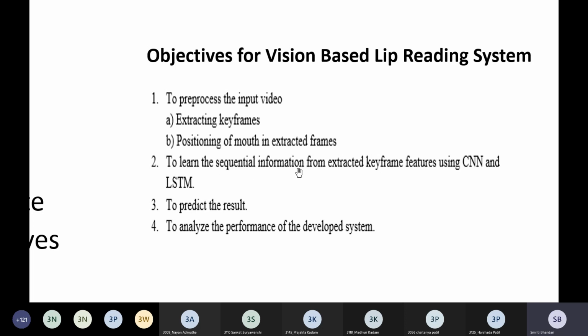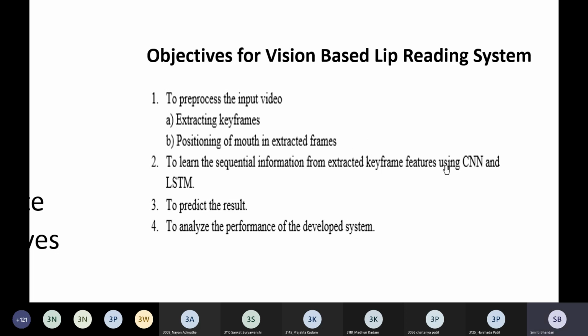And that is why the second bullet states that to learn the sequential information from extracted keyframe features using CNN and LSTM. Once the required frames are pre-processed, we need to learn from these frames, right?